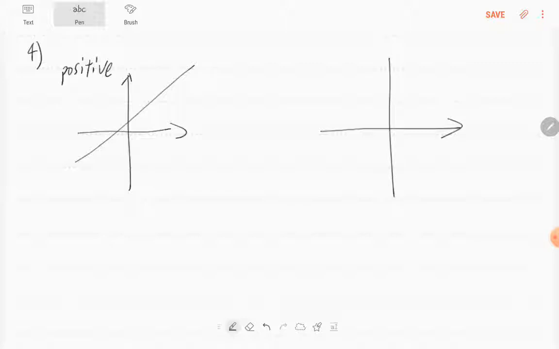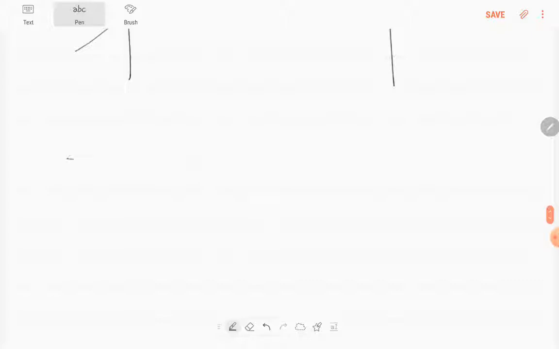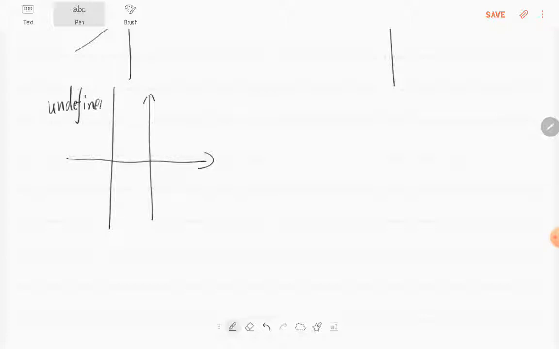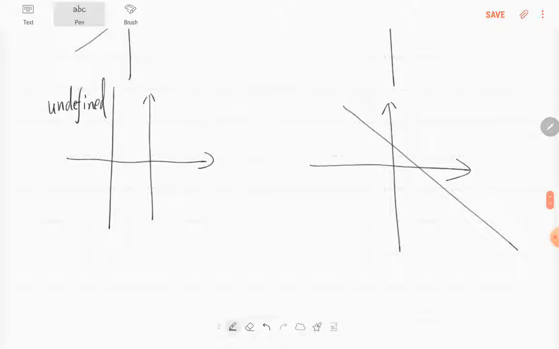Second one. This is the horizontal line. We know the slope is 0. The third one, which is a vertical line, we have no slope, undefined. The fourth one goes downward, so it's negative. The slope is negative.